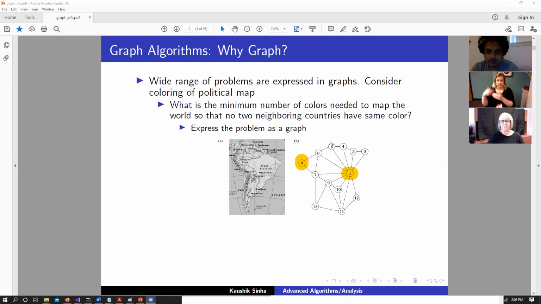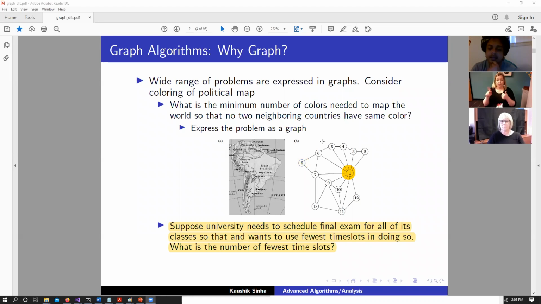Okay, so the last time we were talking about graphs and how graphs can be useful for different types of problems. We talked about a particular problem, the graph coloring problem, where every country needs to be colored a particular color, but every neighboring country would have a different color.